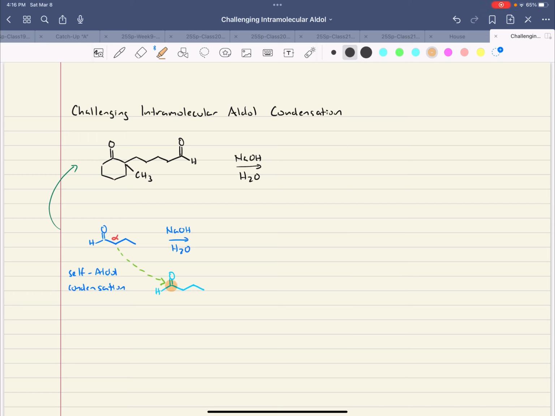Okay? And what happens is you get an intermediate. So let me draw the intermediate in a different color. And I like to say you draw the attacker as is, but you could conform it so this other two carbons are out of the way, and then we attack the dot.